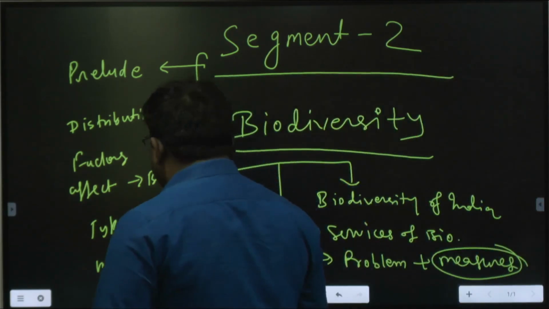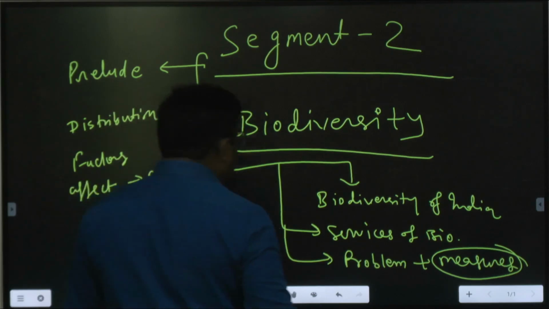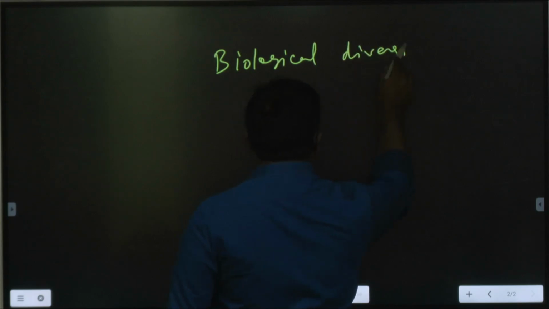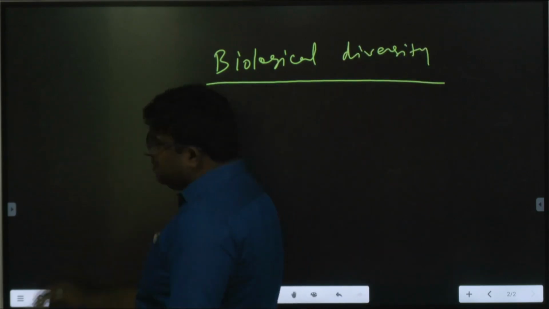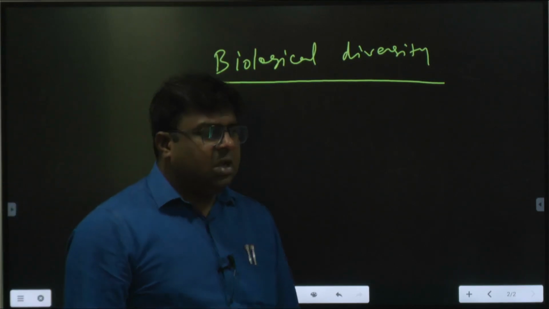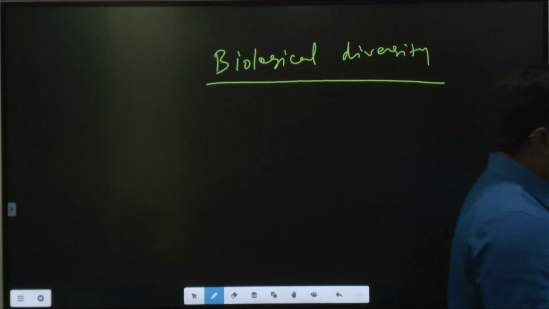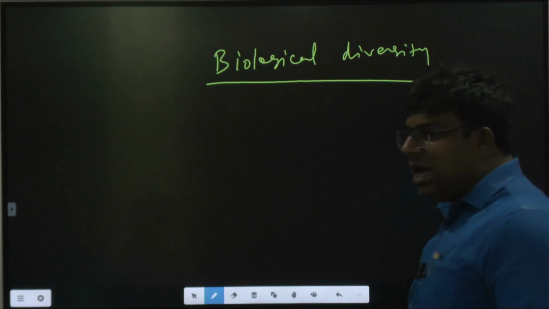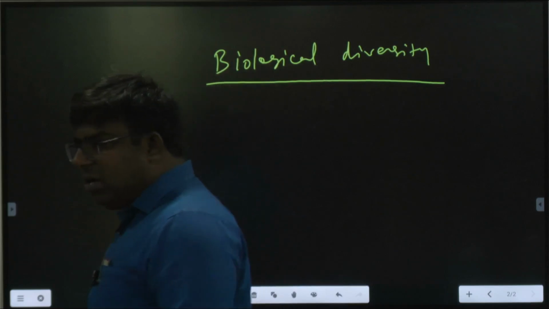If we have to define the notion of biodiversity, you can easily split this term as biological diversity. The term biodiversity is actually a mixture of these two terms, biological diversity. It can be defined as the scenario of diversity in biological life forms, right?